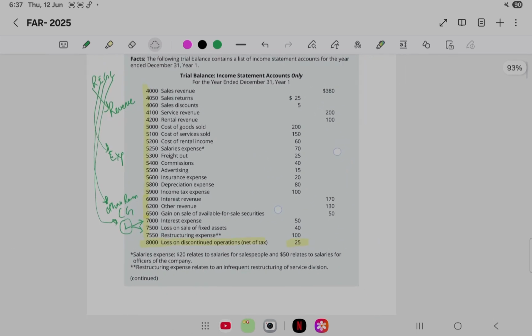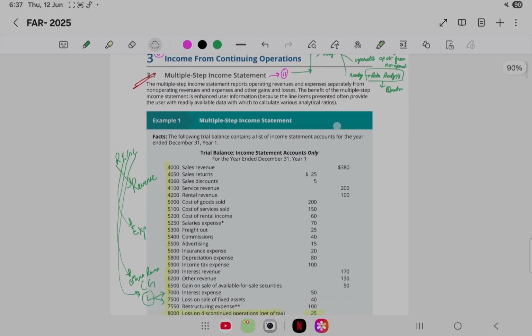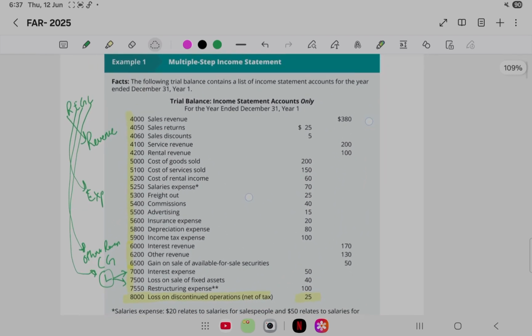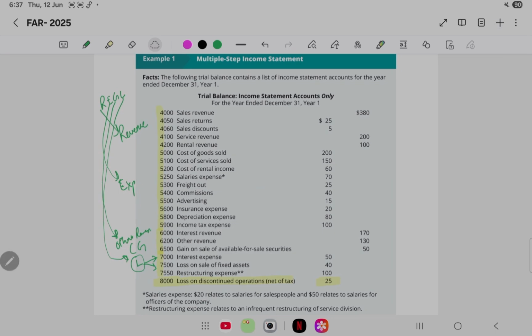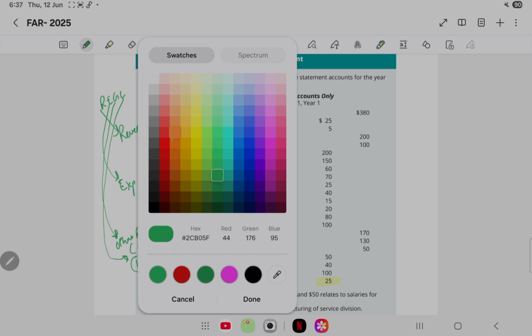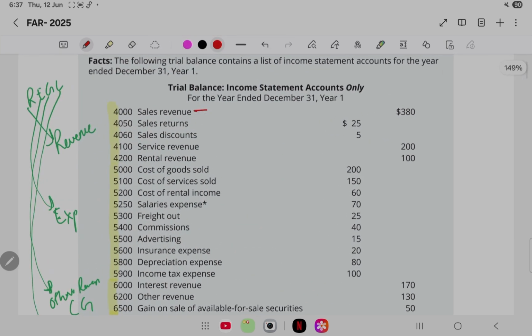Now let's do the solution. First, what I have told you, first find out sales. Sales 380 minus sales return minus sales discount and revenue.